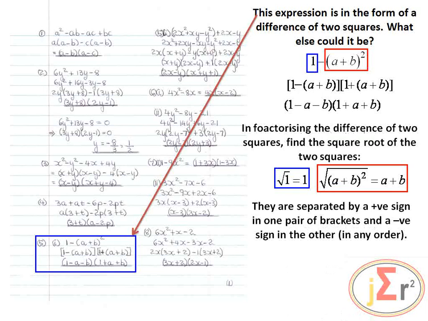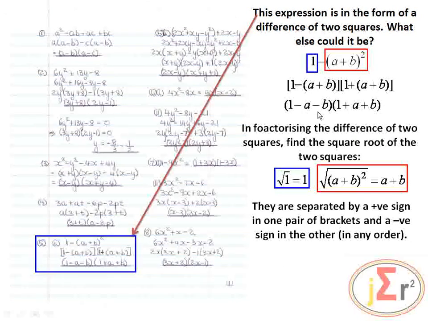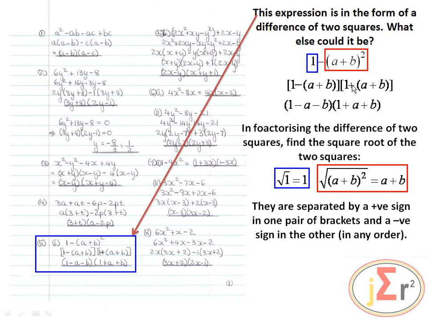In the end, what do we have? This negative sign is distributed to A, so negative A, and it is also distributed to a positive B. Negative times positive is negative, but here positive times positive is positive.